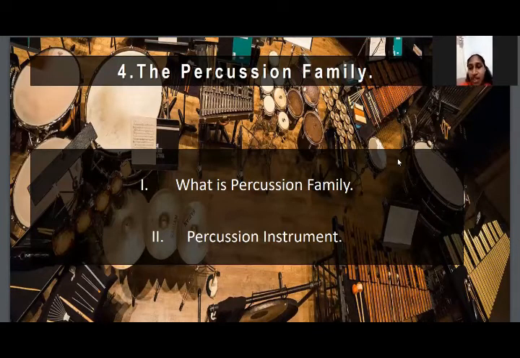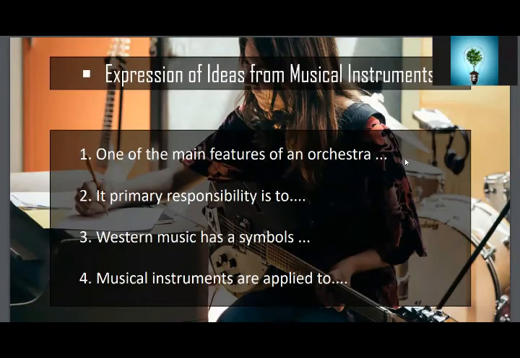I invite my friend to continue this presentation. Thank you, my dear. My name is W.M. Chalani Erandika. My index number is MU18070. Now I speak about expressions for the ideas from musical instruments.